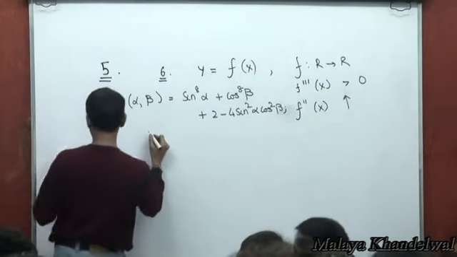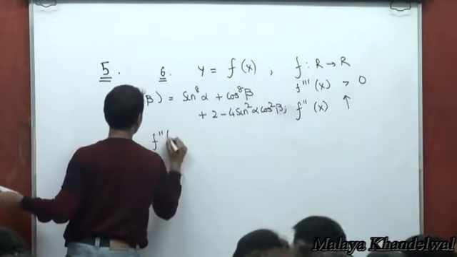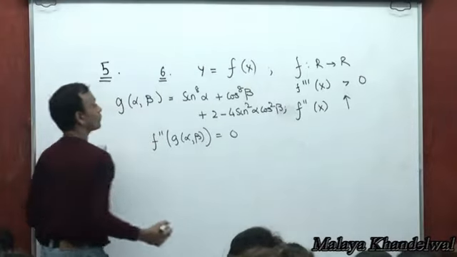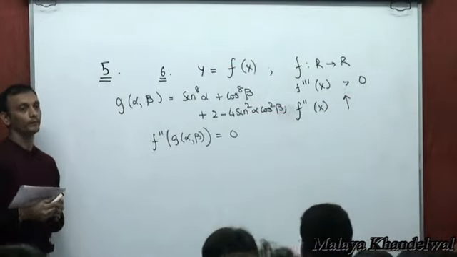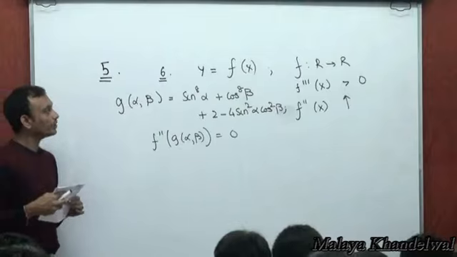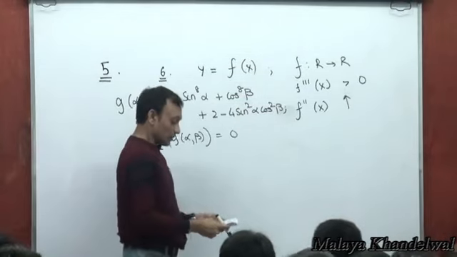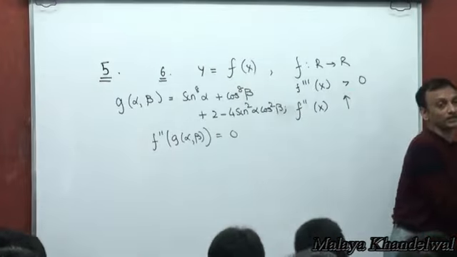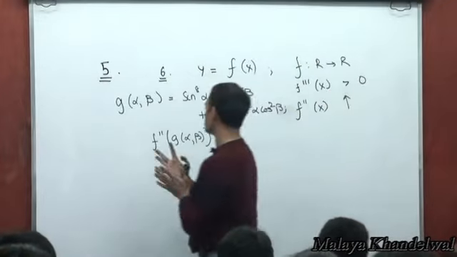It's also given that f double dash of g of alpha beta is 0. We need to find the value of sine square alpha plus sine square beta.